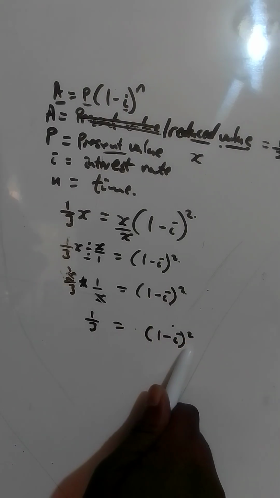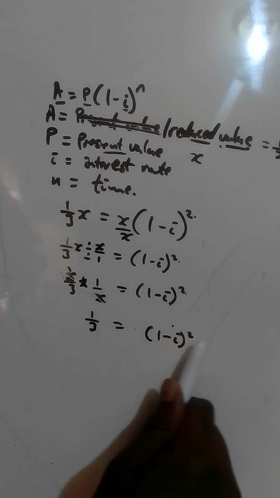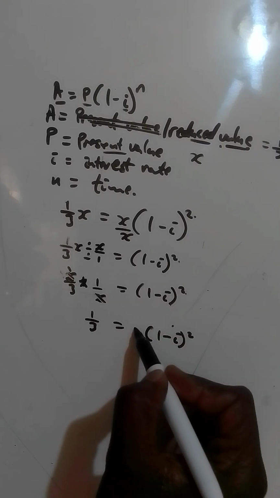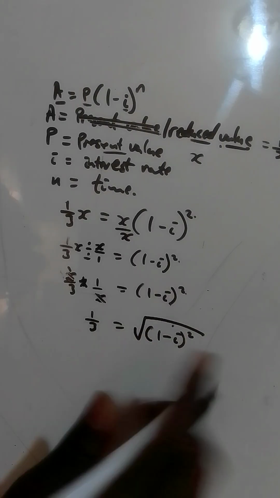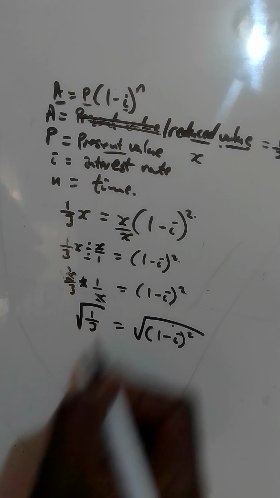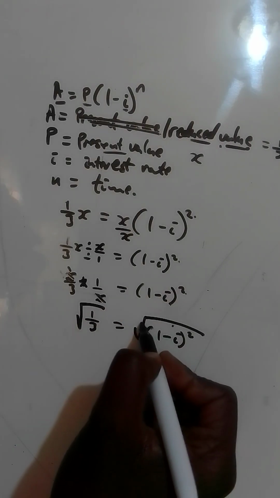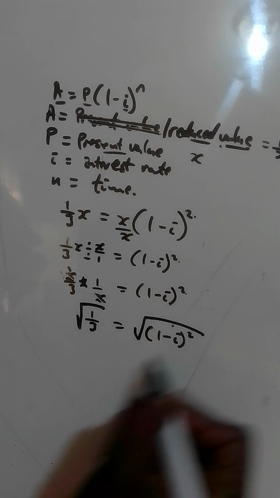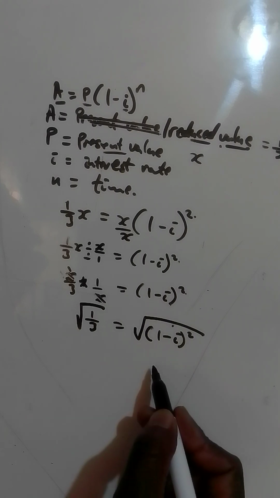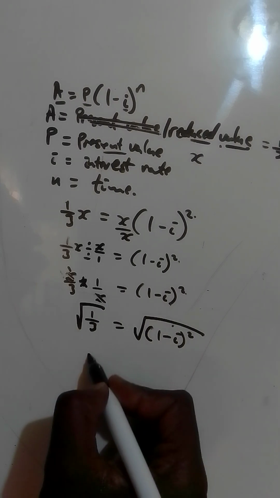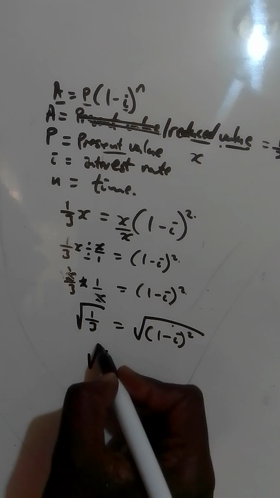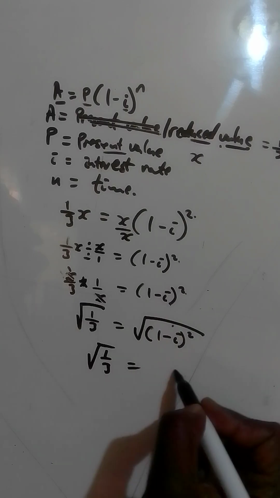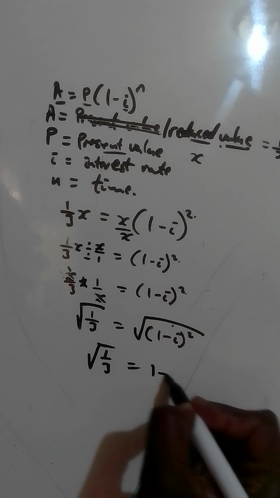Now since I've got a squared here, in order for me to get rid of a squared, I must use a square root, and what I do on the right hand side I should do on the left hand side. Now this square root cancels out with the squared, and we now have the square root of a third, which is equal to 1 minus i.